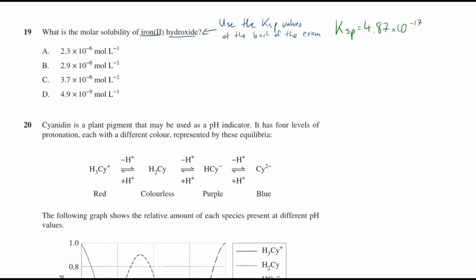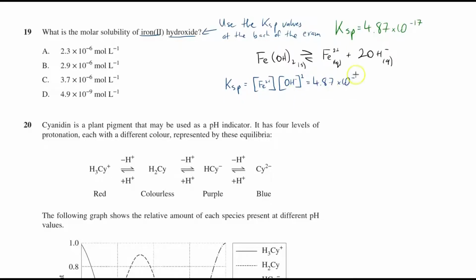We link this piece of information with the equilibrium expression for the particular dissolution it describes, namely the reversible reaction of iron hydroxide solid dissolving to form iron and hydroxide ions in aqueous solution. So, that means the Ksp is equal to the concentration of iron ions multiplied by the concentration of the hydroxide ions squared.